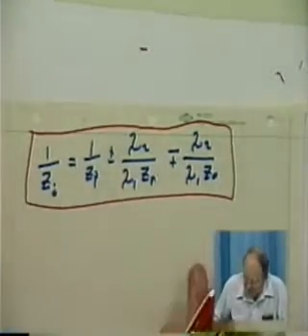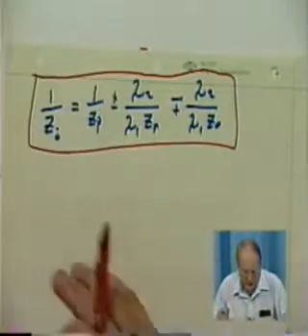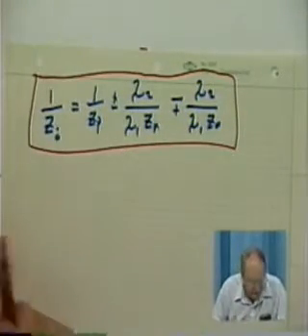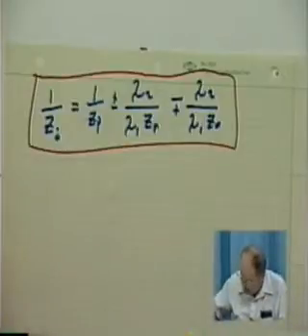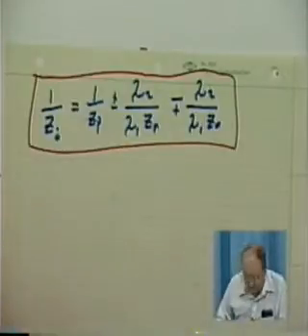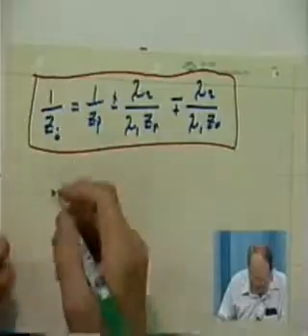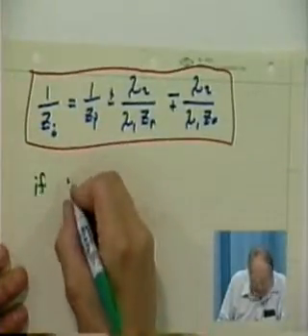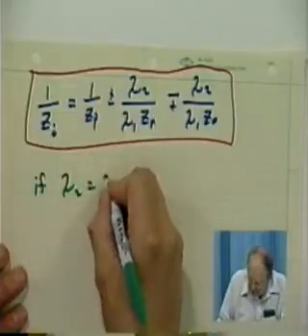Okay, so we have this equation, and what I want to do now is to look at a couple of cases here. And the first case is if lambda 2 is lambda 1.